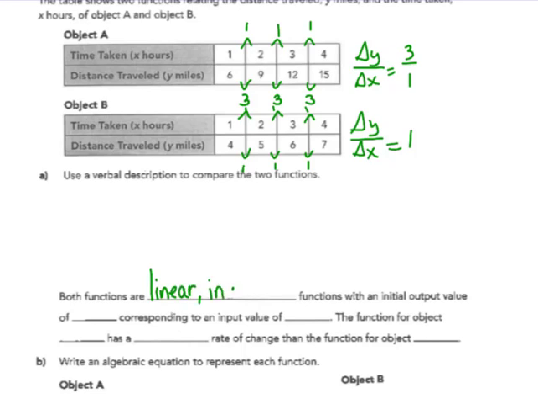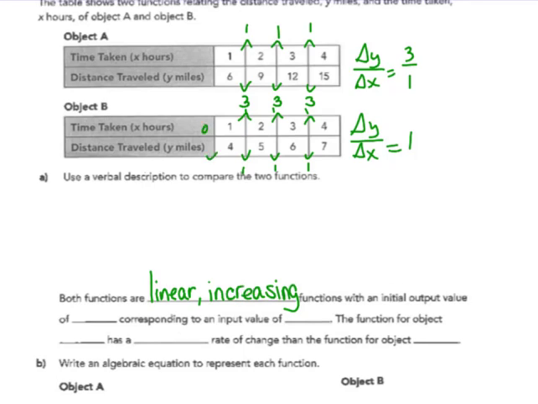So they are linear increasing functions with an initial output value of 3, because if I go down 1 here, I'm going to be at (0, 3). And if I go down 3 here, I'm going to be at (0, 3).